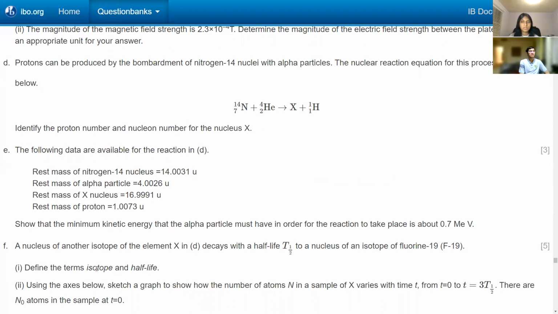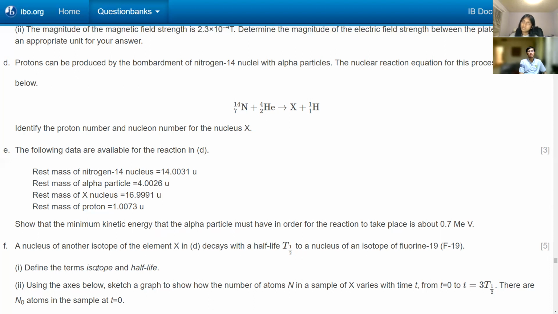And half-life is the amount of time it takes for half of the nuclei in a given radioactive sample to decay. I think I define it a different way, but it's pretty much the same thing. Half-life is the amount of time taken by a radioactive sample to decay by half its current amount.